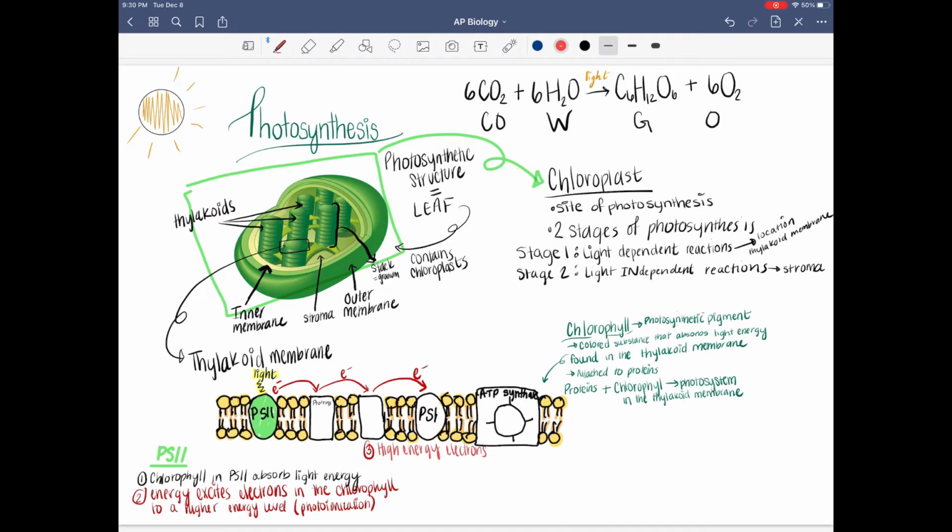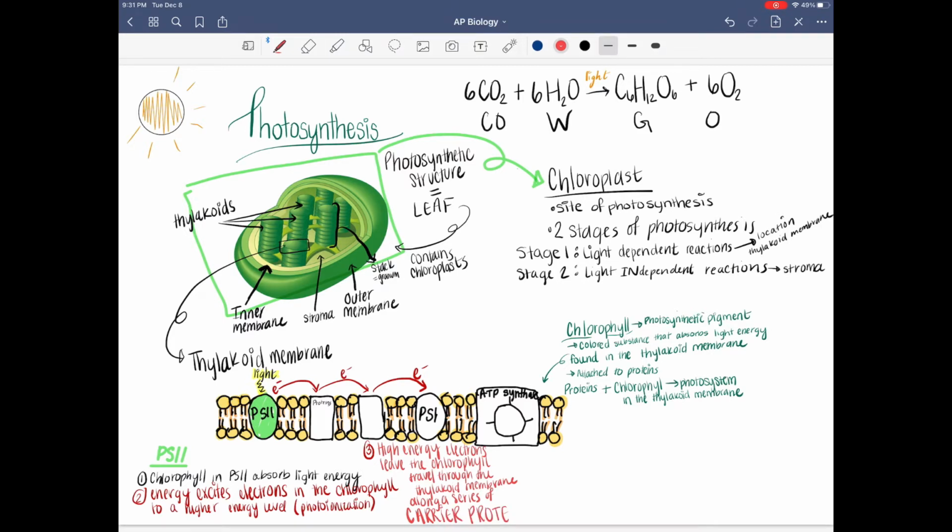They'll move from photosystem 2 along the membrane to the next carrier protein, onto the next carrier protein, onto the next carrier protein, and on to photosystem 1. As they are moving through these carrier proteins, they're leaving a little bit of energy behind after each of the moves.